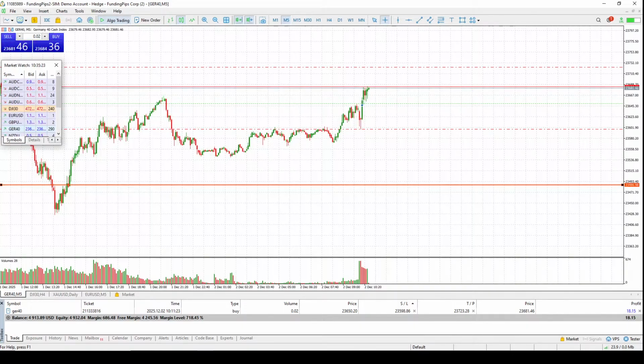What time is it now? It's 35 minutes from the open. Hopefully this one will break higher. Yeah, 35 minutes. So if this first hour closes positive, that's what we need.